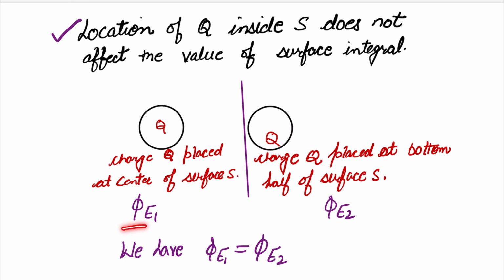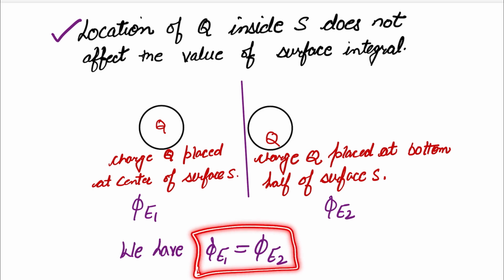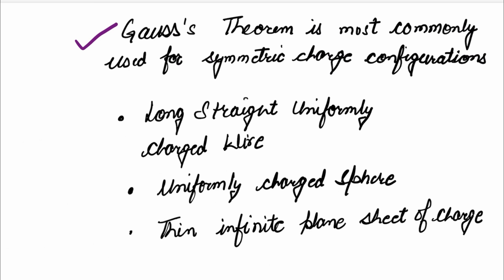Then phi E1 is the electric flux from the first figure and phi E2 is the electric flux from the second figure, and phi E1 will be equal to phi E2, meaning the location of the charge will not affect the electric flux. The Gauss theorem is mostly implemented for symmetric charge configurations.